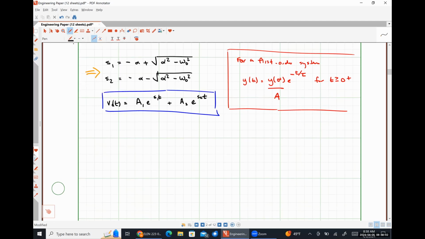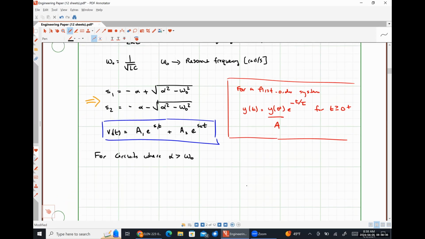So let's say that, for circuits, that should be where alpha is greater than omega naught. It won't always be true because we can make alpha greater than or less than or equal to omega naught depending on what elements we have in our system.